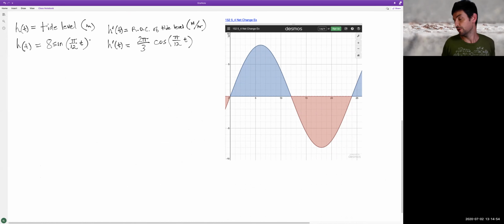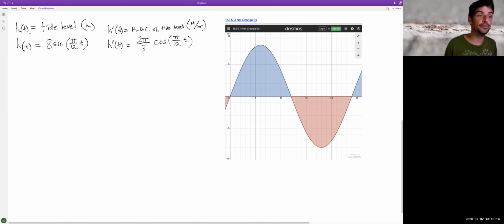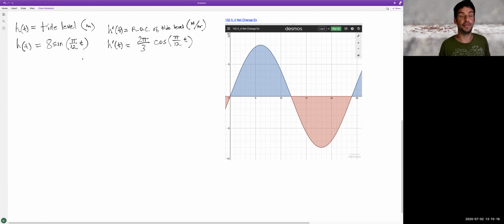The way I've written it, I'm assuming there's a tide that has a midpoint and then a high tide and a low tide. According to my function, it goes 8 meters above and 8 meters below the midpoint, and it has a period of 24 hours. So my input t is in hours and my output is in meters.